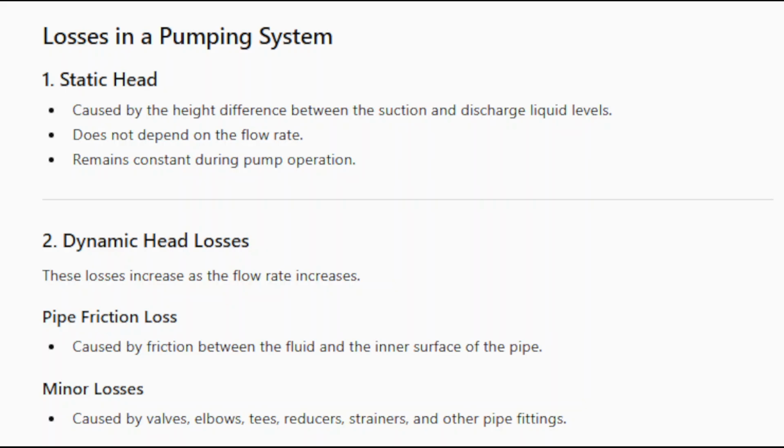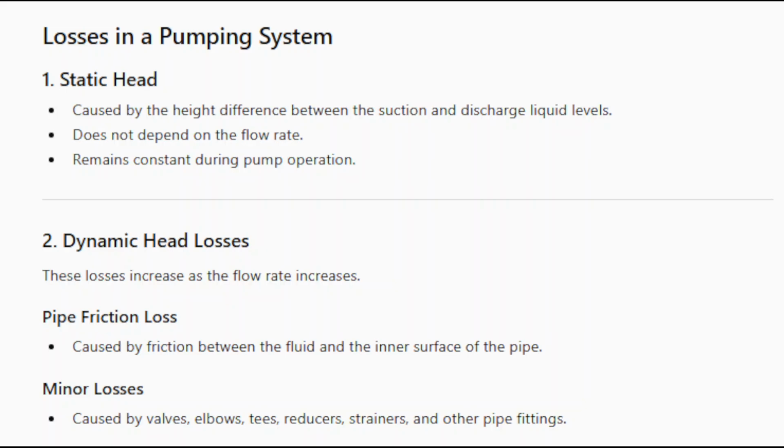In simple terms, it is the vertical height through which the liquid must be pumped. One important point to remember is that static head is independent of the flow rate. Whether the pump is operating at a low flow rate or a high flow rate, the static head remains constant because the elevation difference between the two liquid levels does not change.